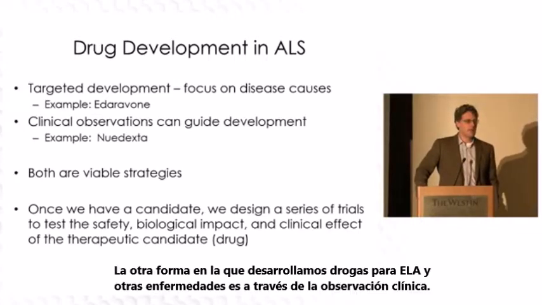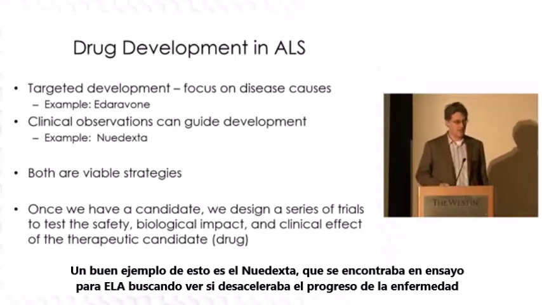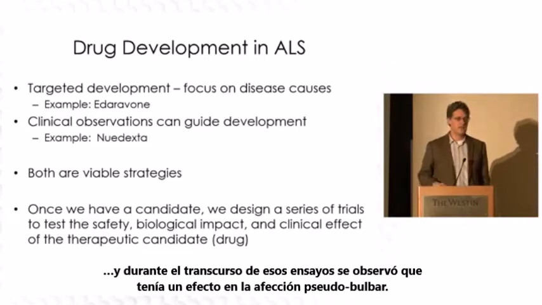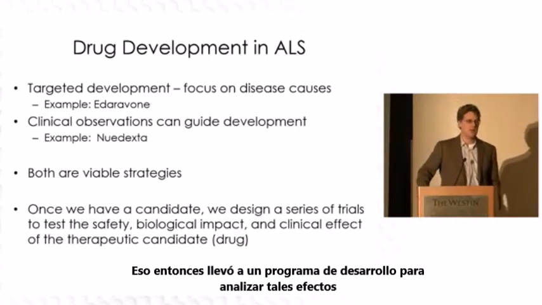The other way that we develop drugs in ALS, and in other diseases as well, is through clinical observation. A good example of this is Nuedexta, which was in trials in ALS to see if it slowed disease course, and during those trials, it was observed that it had an effect on pseudobulbar affect, and that led to a drug development program to look at its effect on pseudobulbar affect.